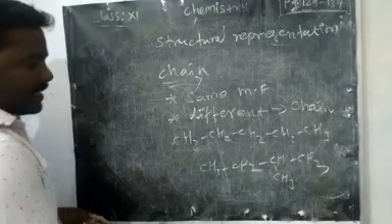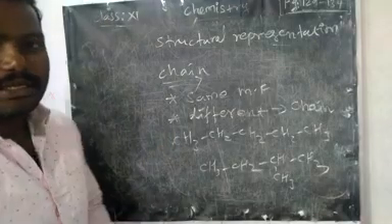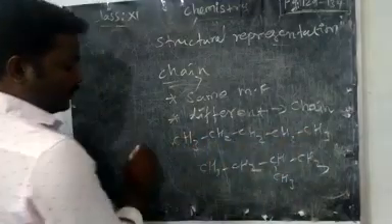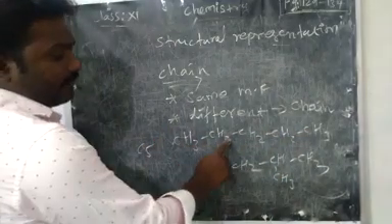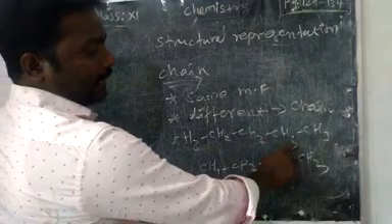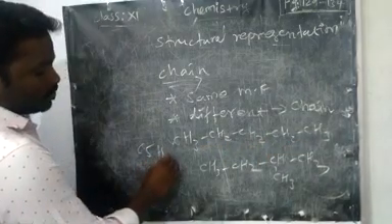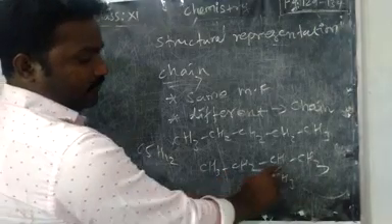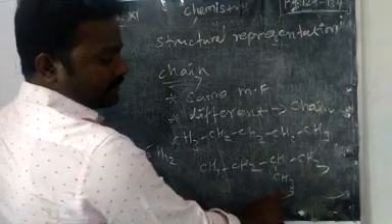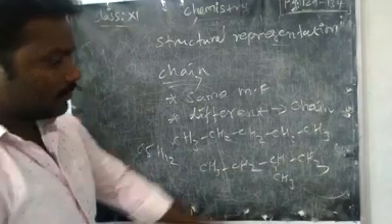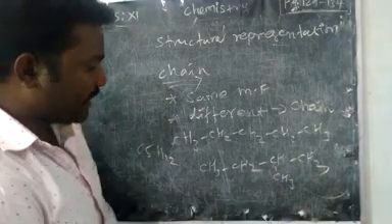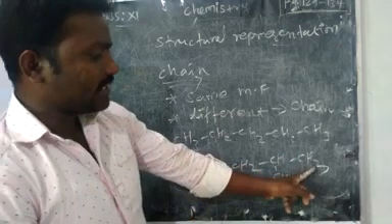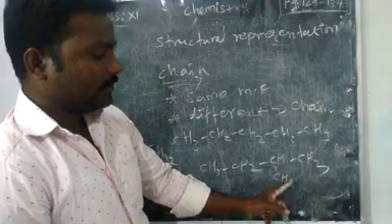CH3. Now see, the two compounds have the same number of carbons: 1, 2, 3, 4, 5, so C5. Hydrogens: 3 plus 3, 6, 7, 8, 9, 12.